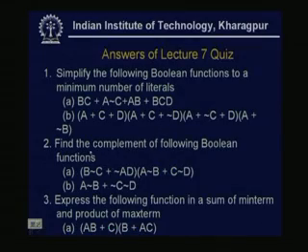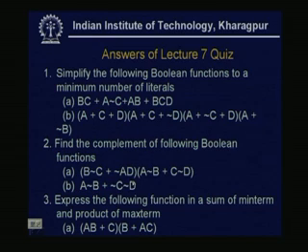Now, we see the second question. For the second one we have to take the complement of the Boolean functions. Now, one by one we see how, with the help of the postulates and the theorems, we can take the complement. Here particularly De Morgan's law we have to use.